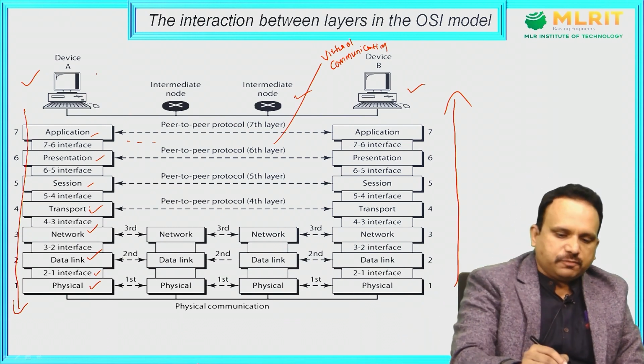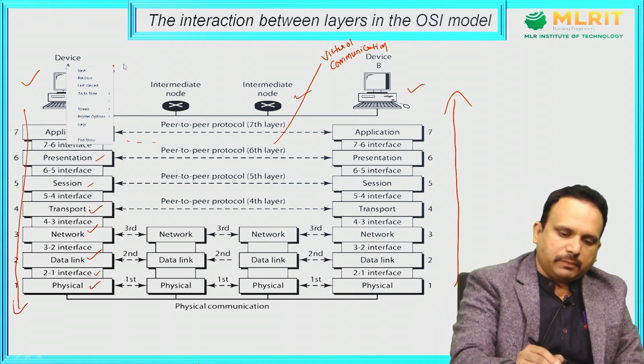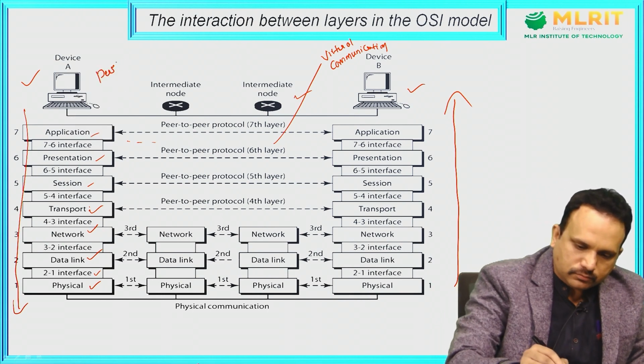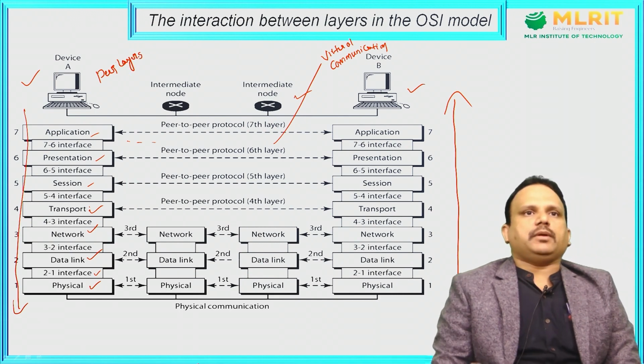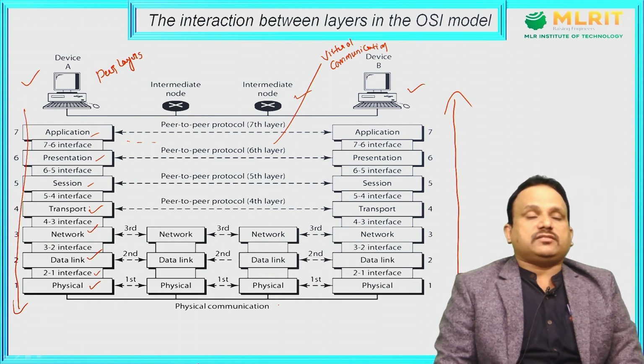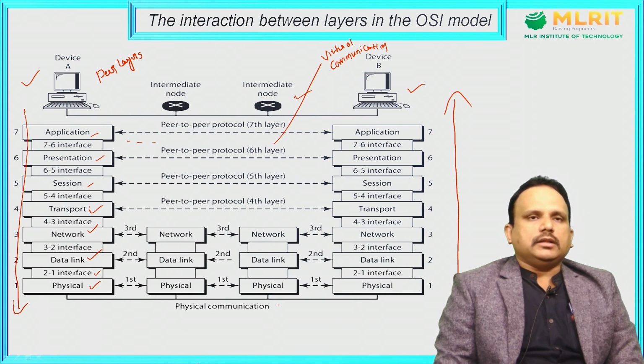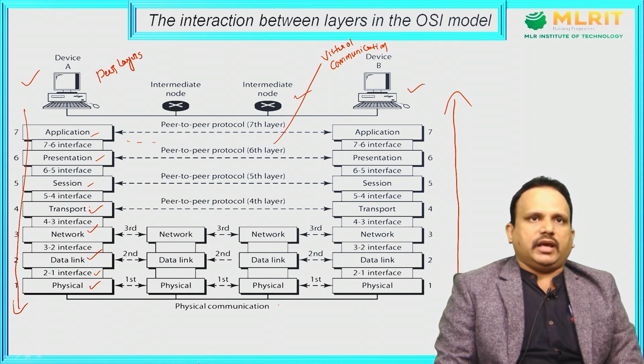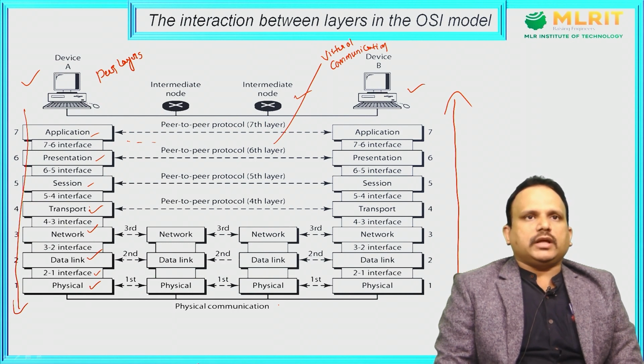So what are peer layers? For example, the application layer in device A is a peer layer to the application layer in device B. If the layers are at the same level in two different hosts, we call them peer layers. Got the clarity? Got the point?